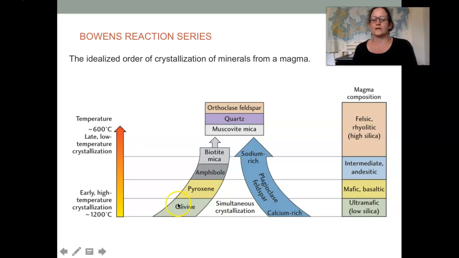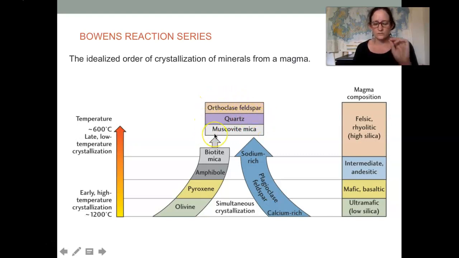Going to the other end of Bowen's reaction series, this is low temperature crystallization, and the minerals that form at low temperatures would be a different feldspar, an orthoclase feldspar that has potassium in it, quartz, or muscovite mica.